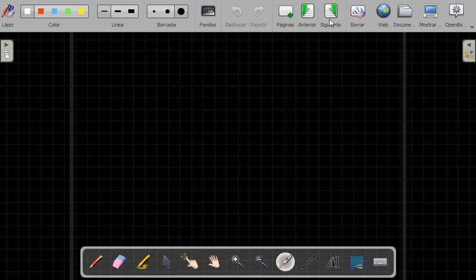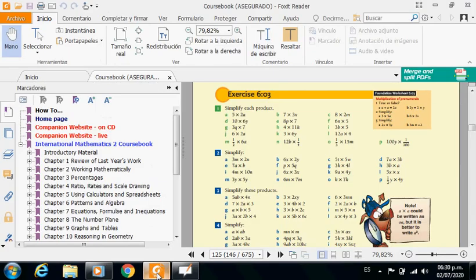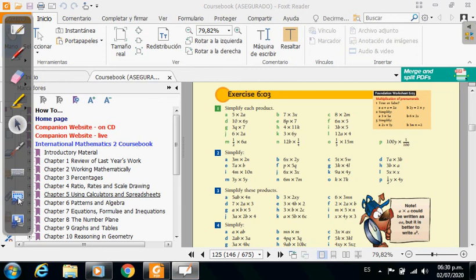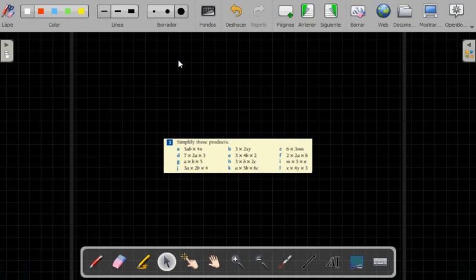Now that we know that, let's go to our book and let's work with one of the exercises that we have here in this chapter. And today we're going to work with the exercise 3. So let's take it to our blackboard. There it is.